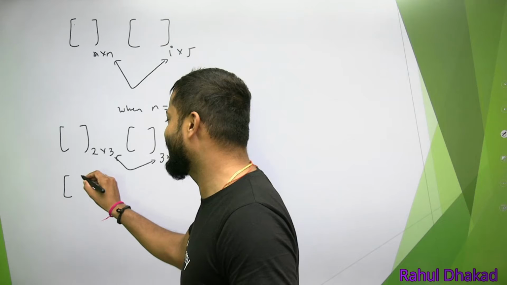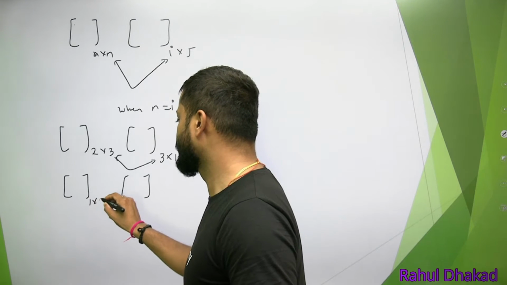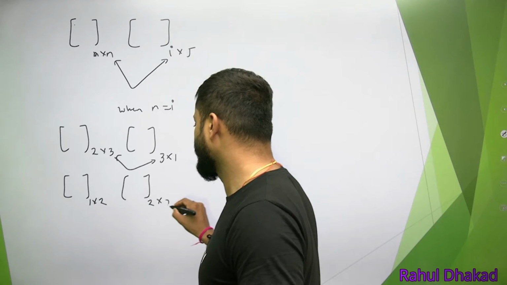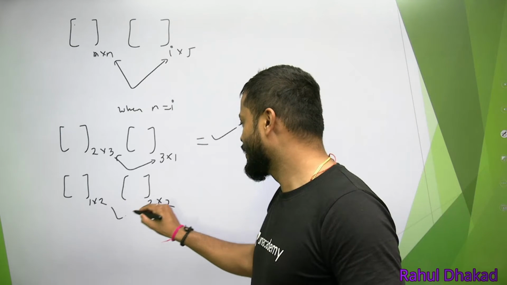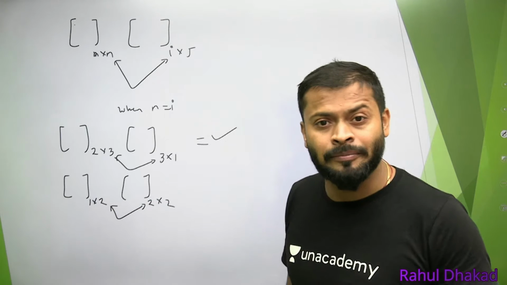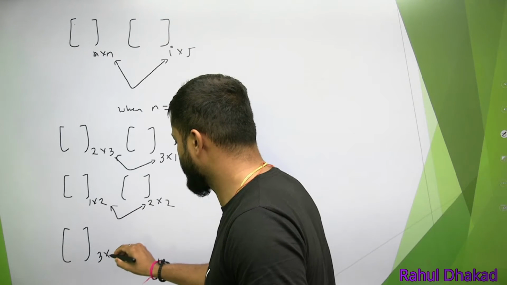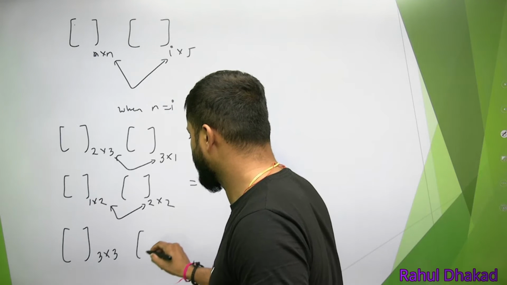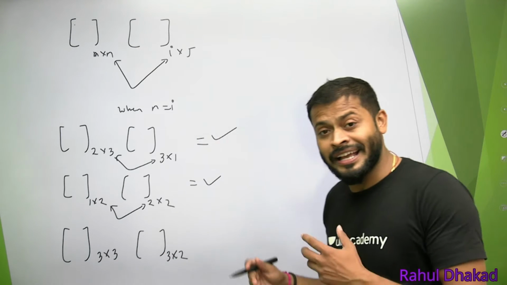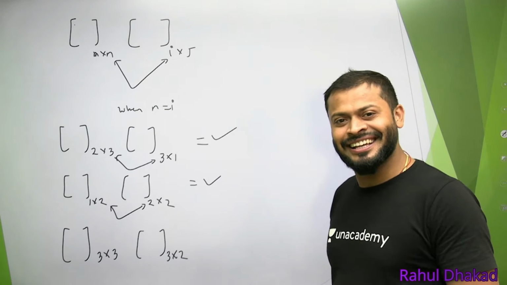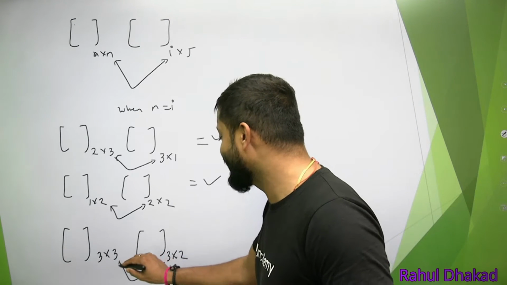Similarly, let's take another example. Is multiplication possible? Yes, because these two terms are same. Is multiplication possible in this case? Yes, it is very much possible because these two values are same.